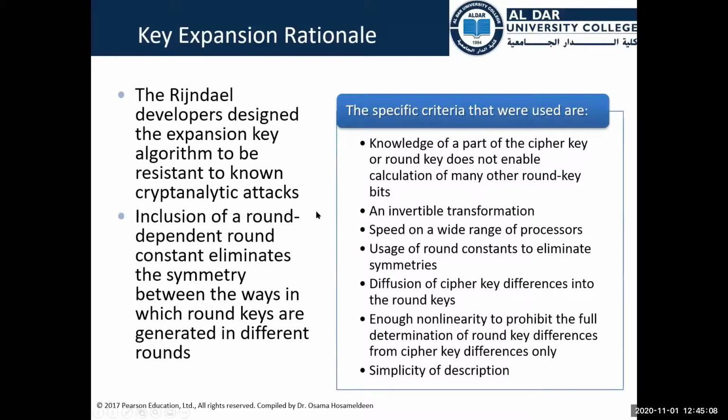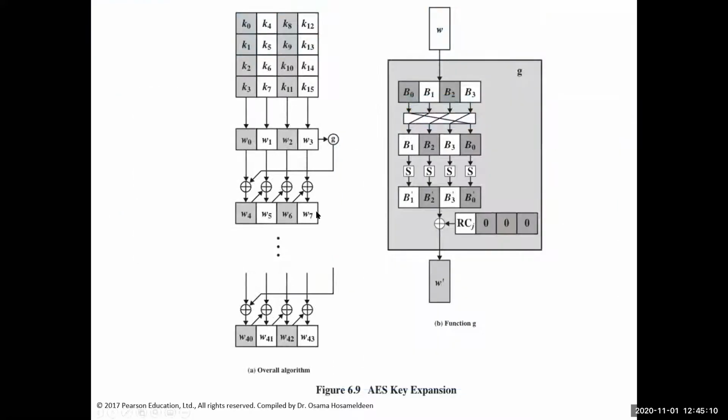After the expansion, we get 44 words, or 1408 bits. These are the subkeys.